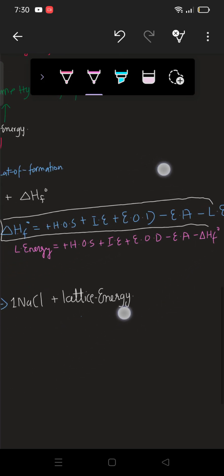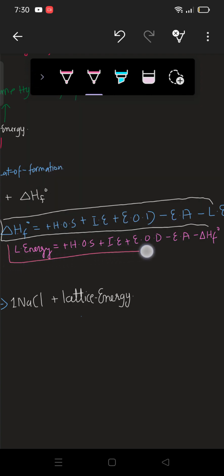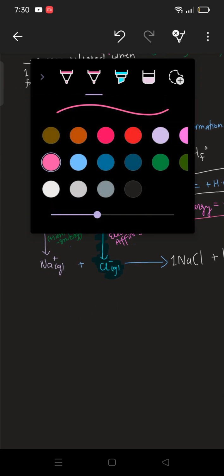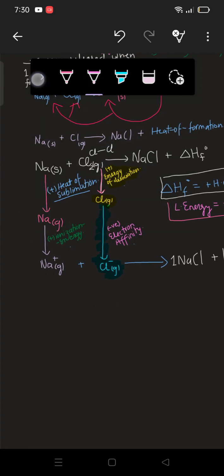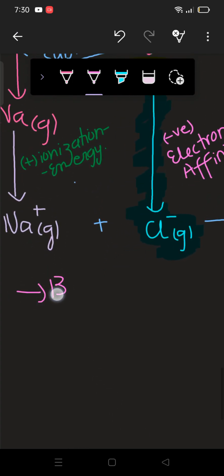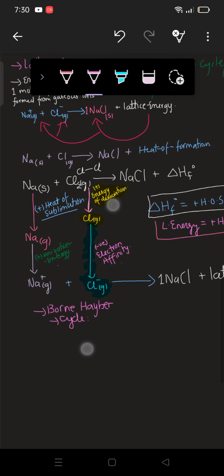This would be the formula for finding the lattice energy. Now this is what we call the Born-Haber cycle, or you can write process. Born-Haber cycle is used to calculate the lattice energy. You can find heat of formation as well.